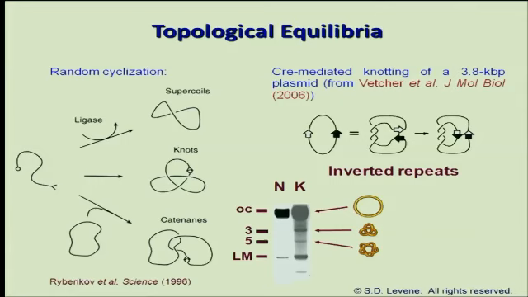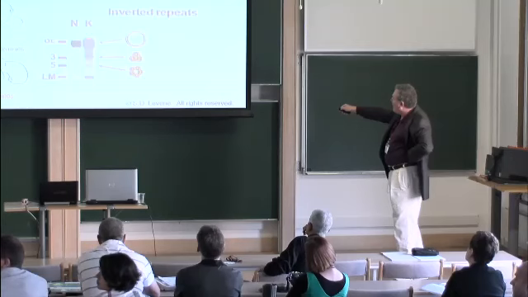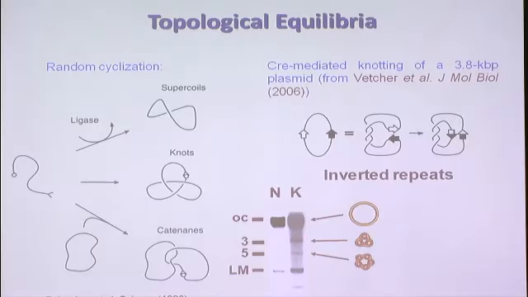These are Cre recombination experiments where we started out with a relaxed DNA circle, and then the recombination products include not just circles containing an inverted sequence, but also trefoil knots, 5-noded torus knots, and so forth.